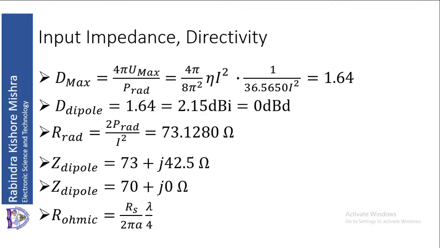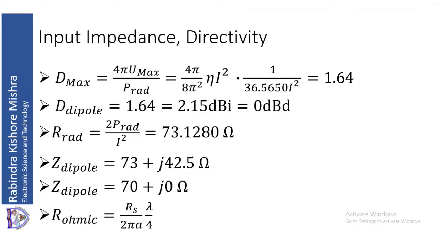So once you put those values, that will give you 1.64. So D max will be 1.64 for a simple half wave dipole. D dipole is equal to 1.64 in absolute terms.